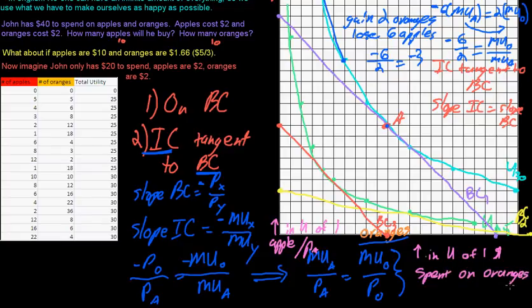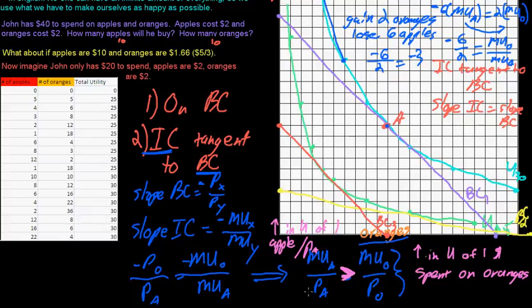And so what this is saying is that the amount of happiness you get per dollar for apples has to be equal to the amount of happiness you get for oranges. If it wasn't, let's say that you were happier spending money on apples than on oranges, and so we had the marginal utility of apples over the price of apples greater than the marginal utility of oranges over the price of oranges, then you should spend more money on apples.